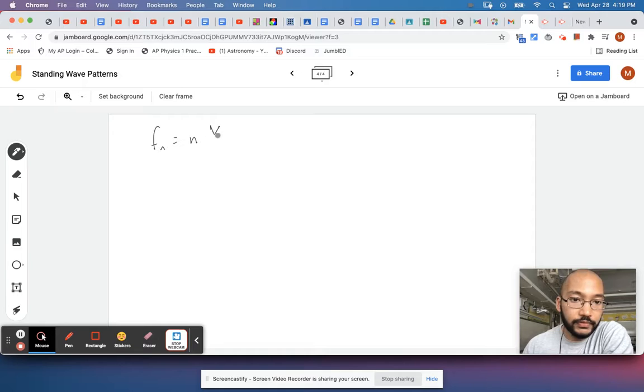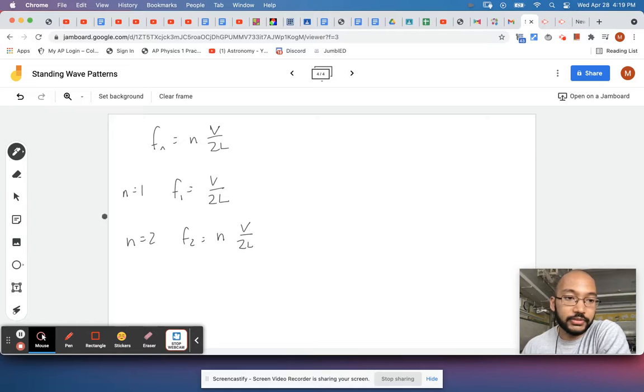N V over 2L. So let's get some intuition for this. When n is equal to 1, the frequency is V over 2L. Again, V is just some constant, and L depends on the length of the string. If n is equal to 2, then it's 2 times V over 2L.